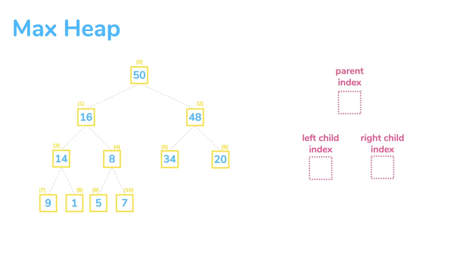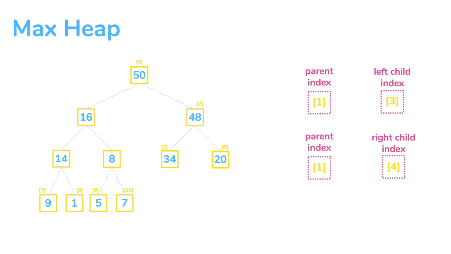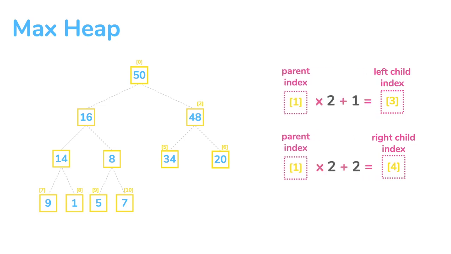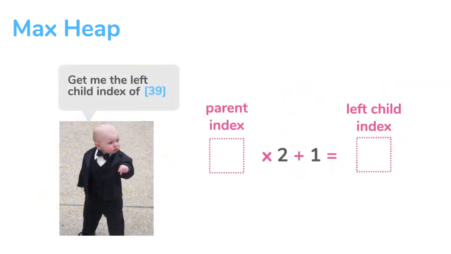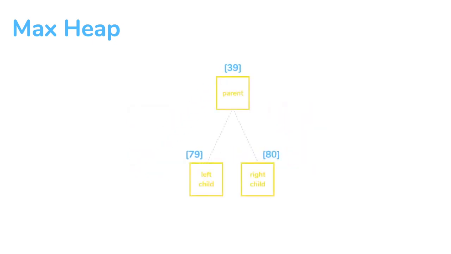This is possible because you can just easily calculate the indices of the children based on the parent's index and vice versa. So with this simple formula, we can get the index of the children for any index of the heap. For example, if we want to get the left child node index of index number 39, 39 multiplied by 2 plus 1 will give us 79, which will be the index of the left child.